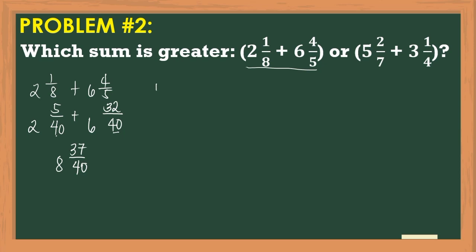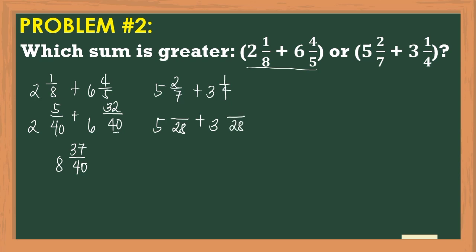So, 5 and 2 over 7 plus 3 and 1/4. Okay. So, the LCD of 2 over 7 and 1/4 is 28. So, ganun din po, gawin nating equivalent fractions.